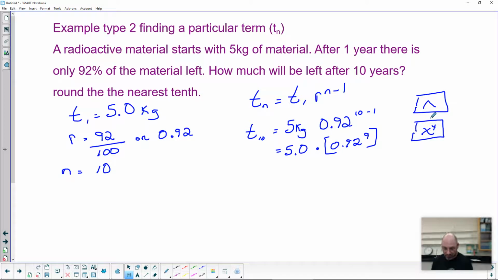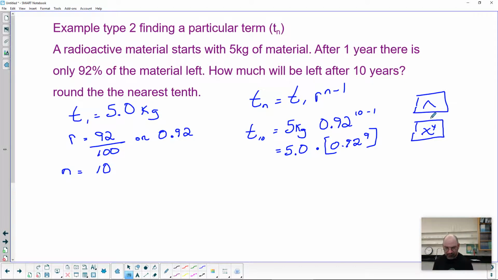What I do is I go 0.92, hit that button, raise to the power of 9, hit the equal sign, I get a decimal number, and I'm not going to round it, and I multiply it by 5.